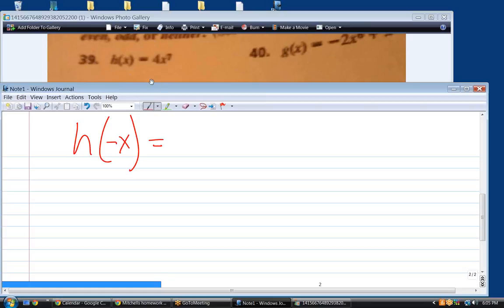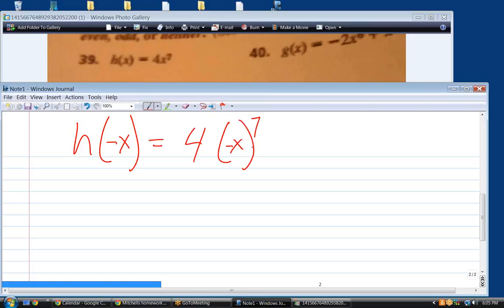Well, what is h of negative x? If h of x is 4x to the 7th, how am I going to find h of negative x? Negative 4x. No, I'm going to substitute minus x wherever I see x. Okay, so 4 times negative x to the 7th.